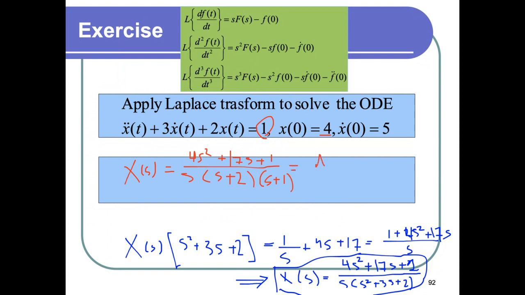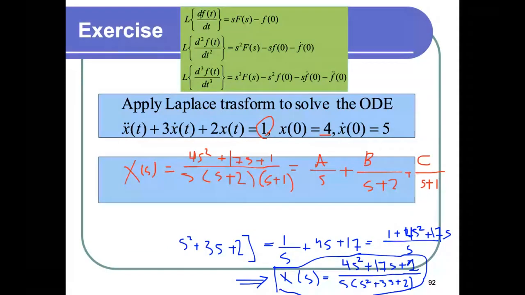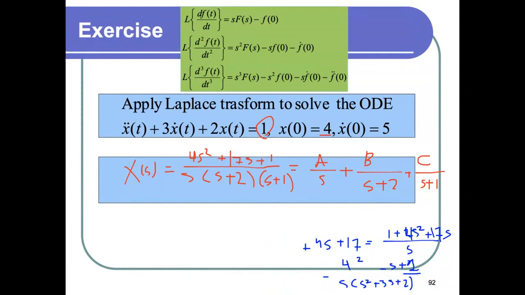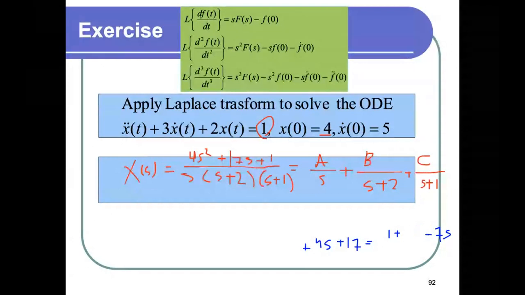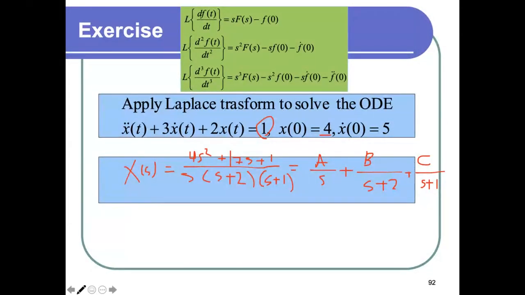Partial fraction expansion: we have A over s plus B over s plus 2 plus C over s plus 1. So what is A?